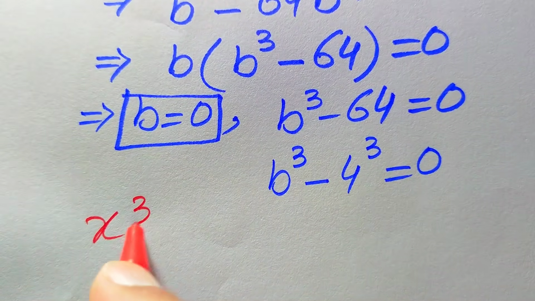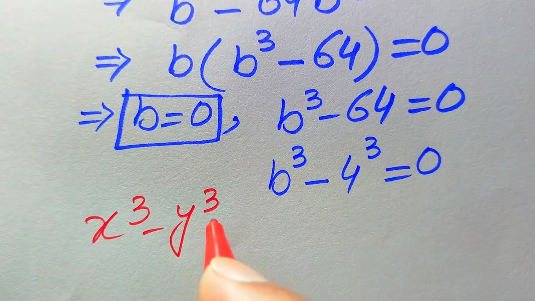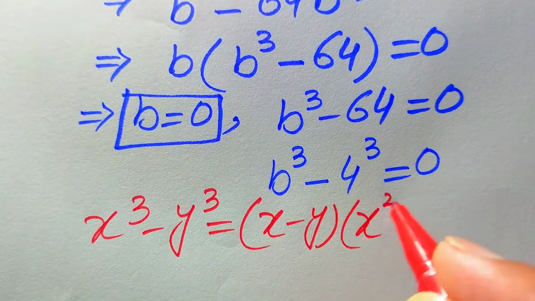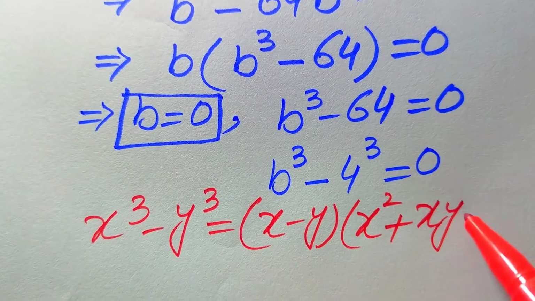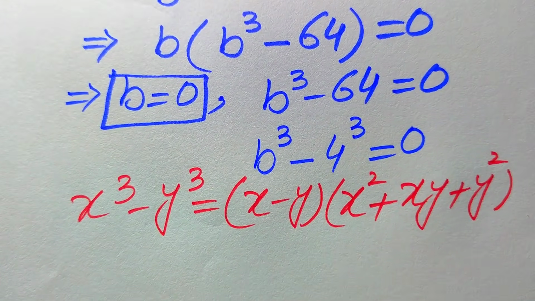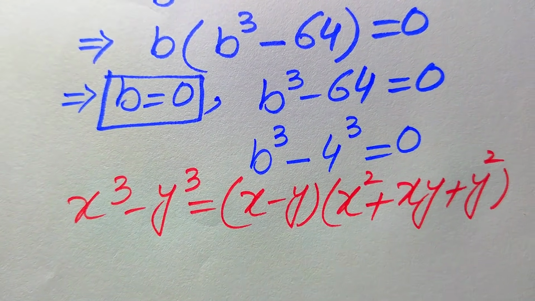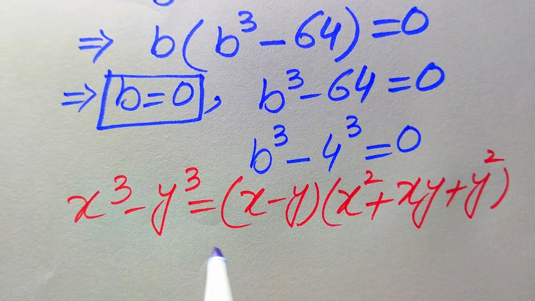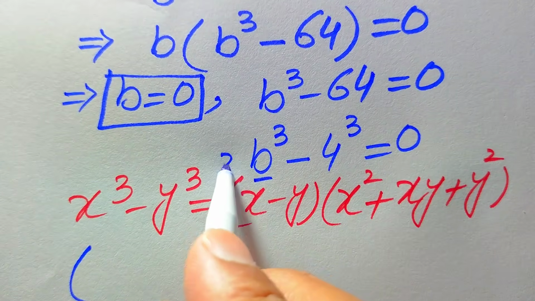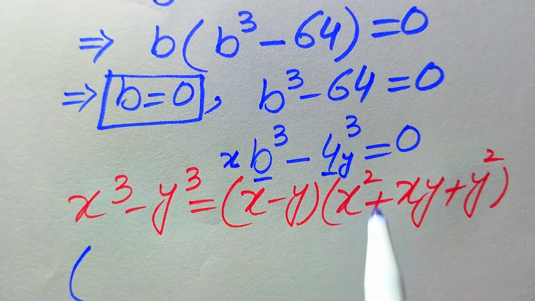If we have x cubed minus y cubed, it equals x minus y times x square plus xy plus y square. So we apply this nice cubic formula to the left hand side of the above equation. The first factor is x minus y. The base of this term is our x, and the base of this term is our y.